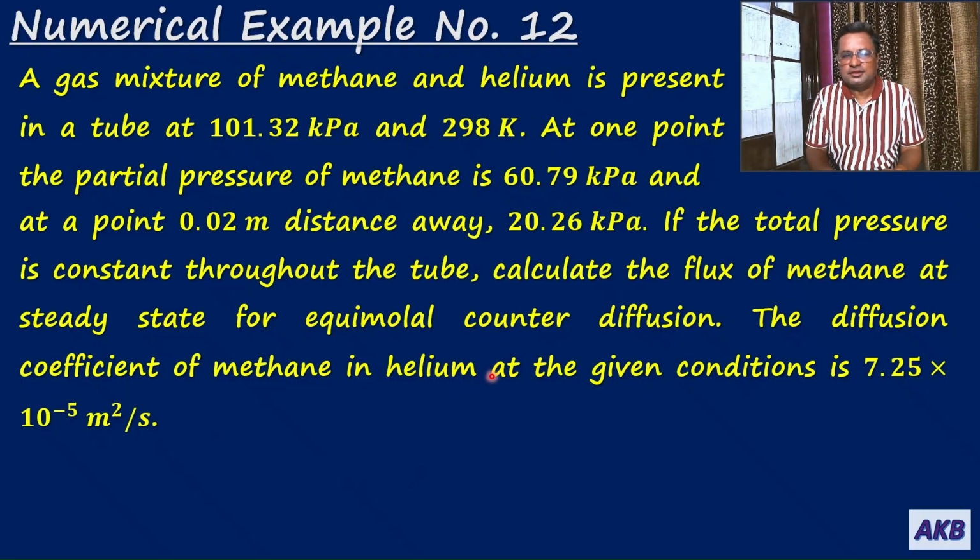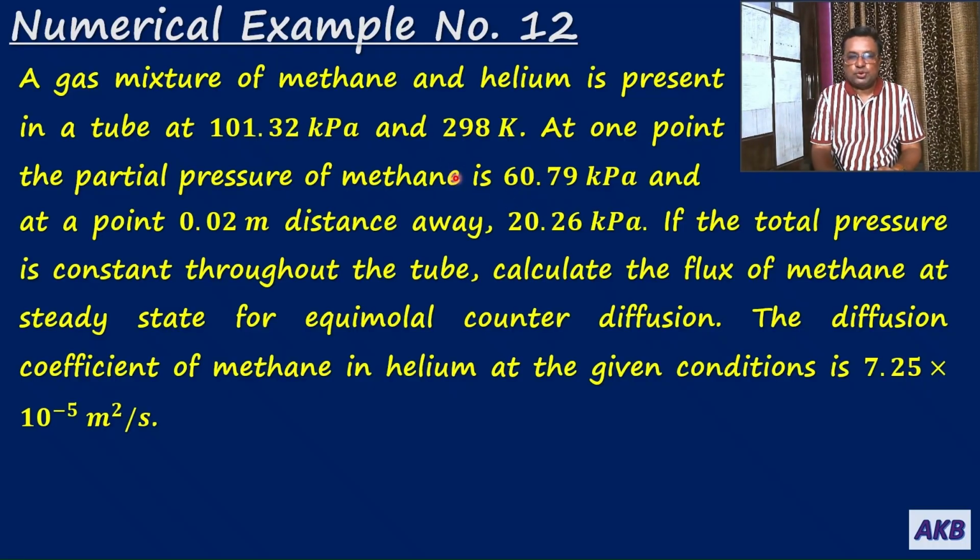So this is a very simple, very straightforward numerical example. We just have to use the equation that is applicable for equimolal counter diffusion. You have a gas mixture containing methane and helium, present in a tube at a total pressure of 101.32 kilopascal and a temperature of 298 Kelvin.